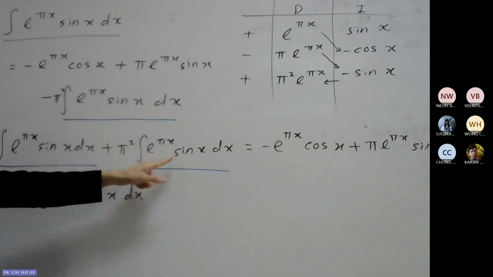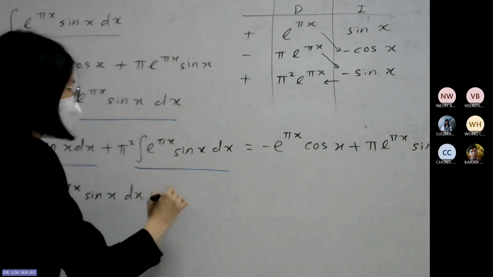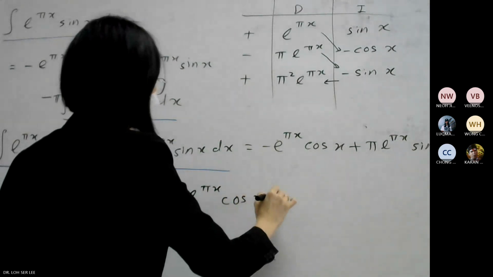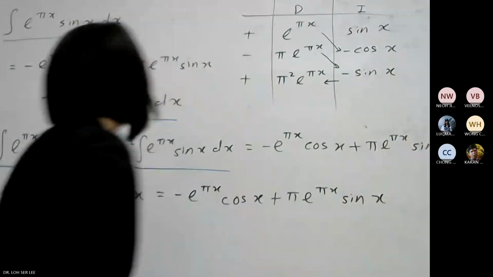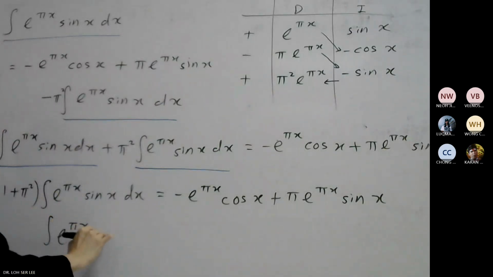Factorize out these two, you get 1 plus pi squared. And on the right, we still have the same function. And finally, we get the answer.